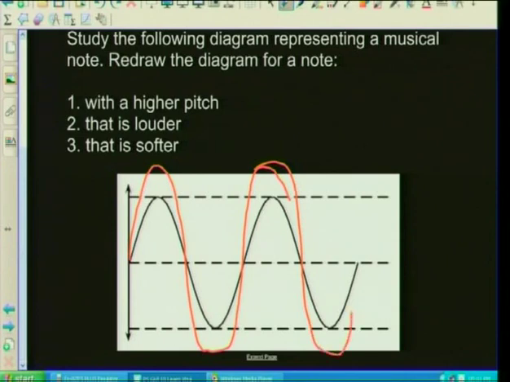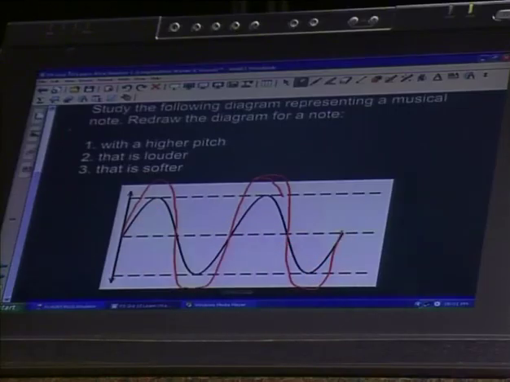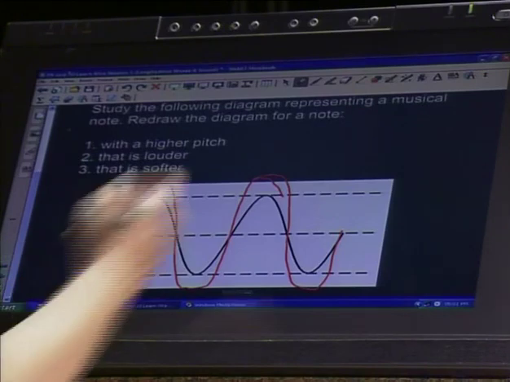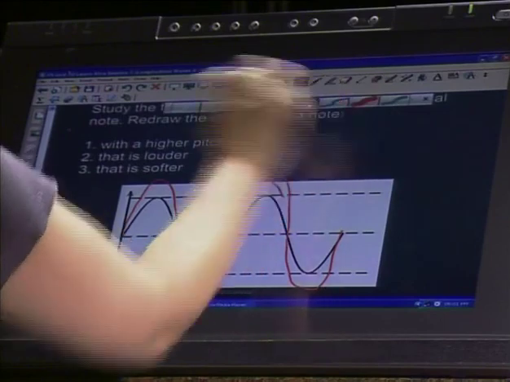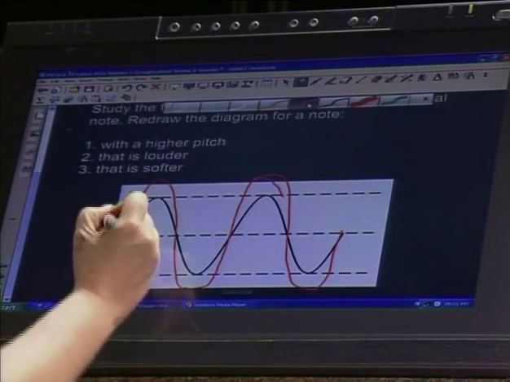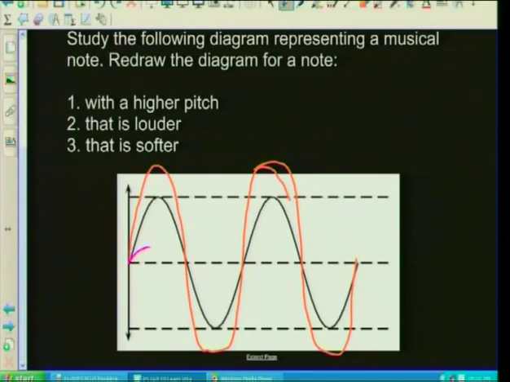Okay. Higher amplitude, but it gets to the rest position at the same time. We're not changing the speed. We're not changing any of those things. If now we have a softer sound, it's a smaller wave that needs to follow the same pattern. Softer sound.